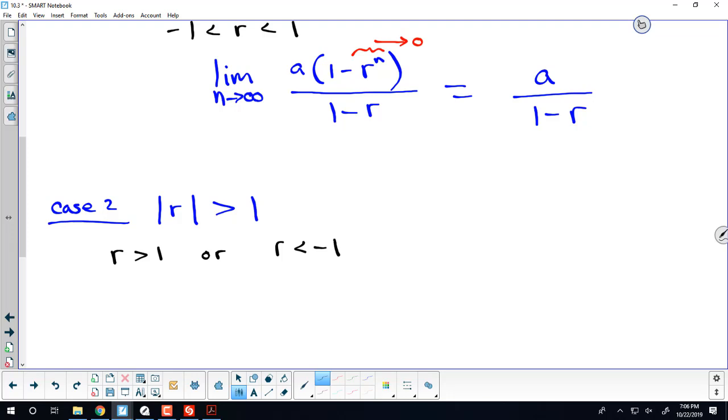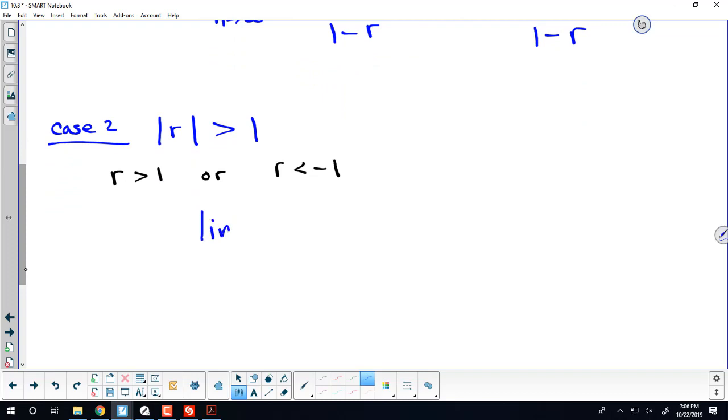So if the ratio is like 1.2, 2, 3, 5, 7, et cetera, or -1.2, -2, -3, -5. Okay. So in this particular instance, can we determine what this limit is? What would that limit be if R were where it's at?